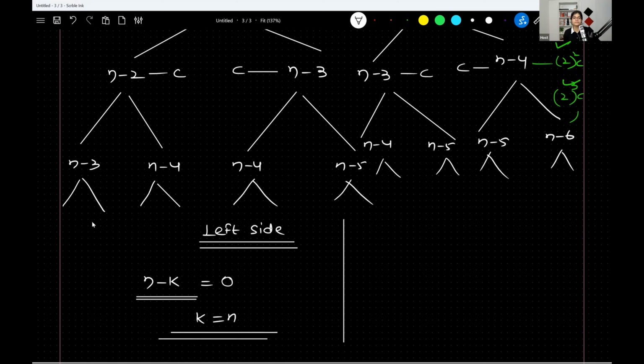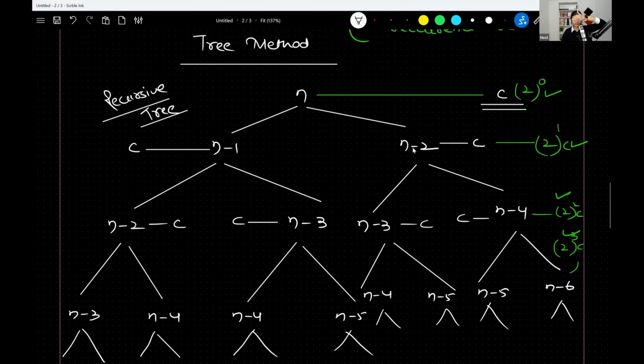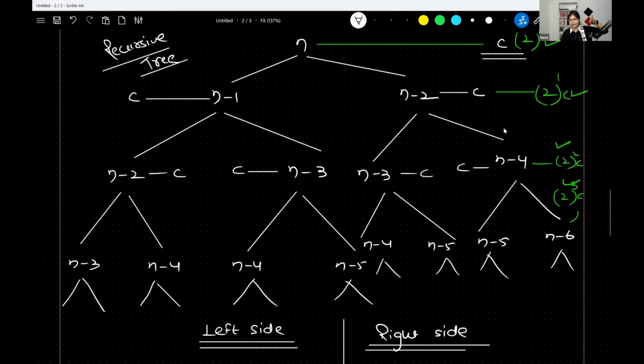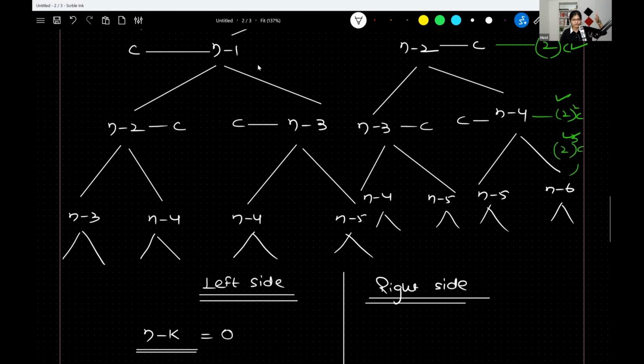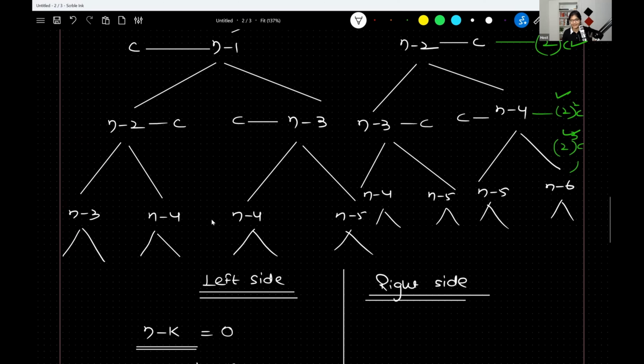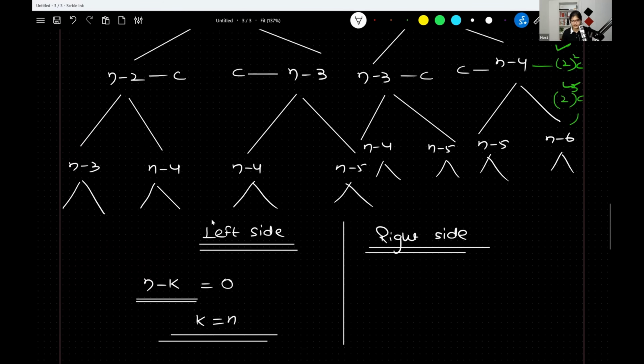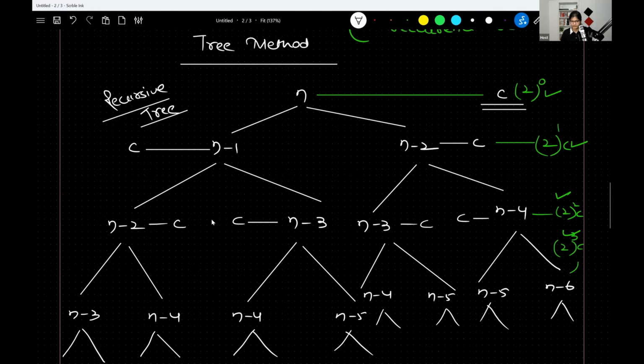It will be n. On the right side, if you generalize the statement, what are you trying to do? Starting from n, you go n, n-2, n-4, n-6, and so on.